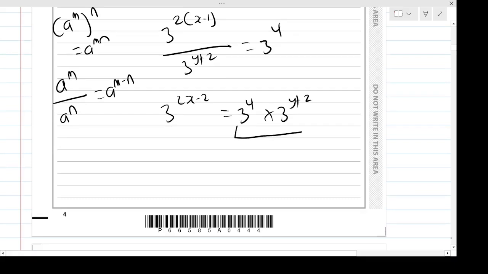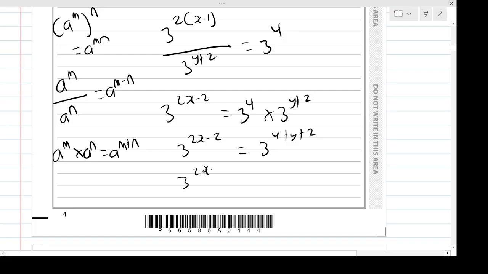But actually, because I'm multiplying now, I can use the power law where a to the m times a to the n, multiplying with different powers, I add the powers. So here I'm going to add the powers. So 3 to the 2x minus 2 is going to be 3 to the 4, add y, add 2. And actually this simplifies to 3 to the 6, add y.